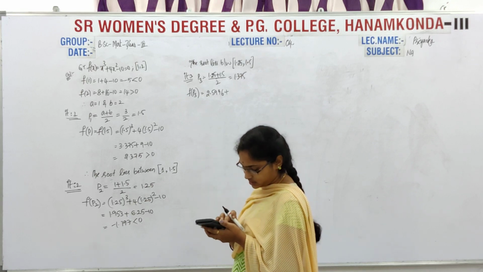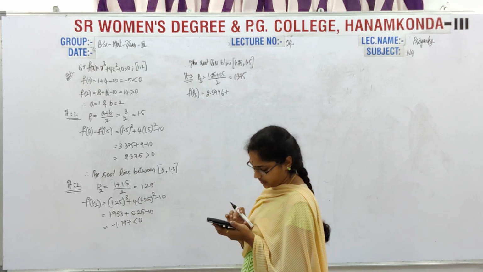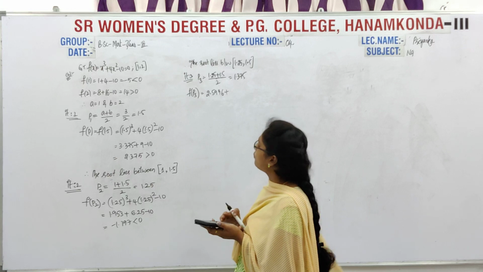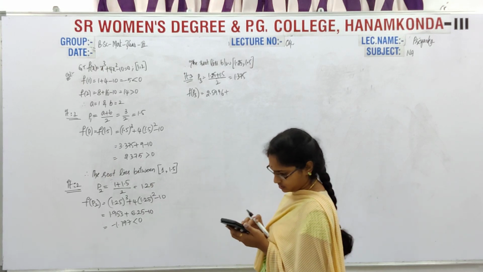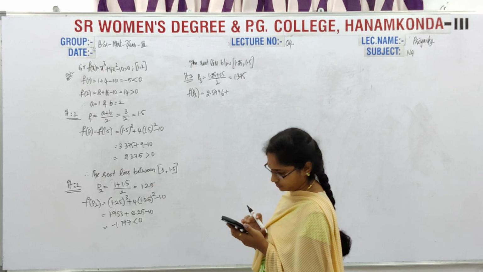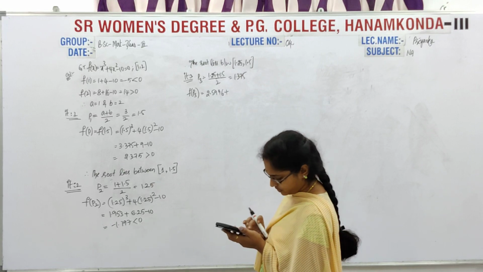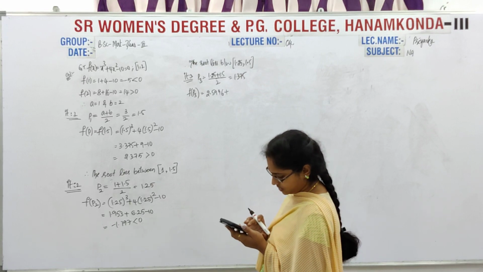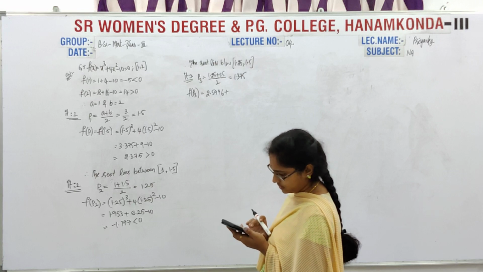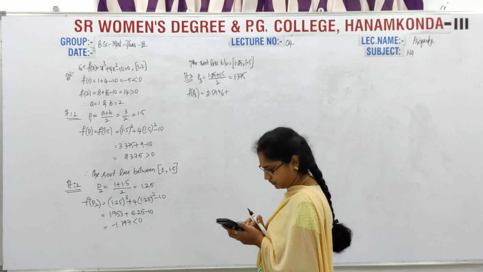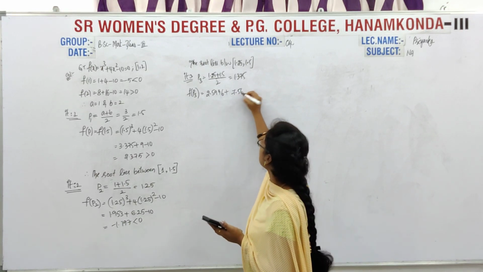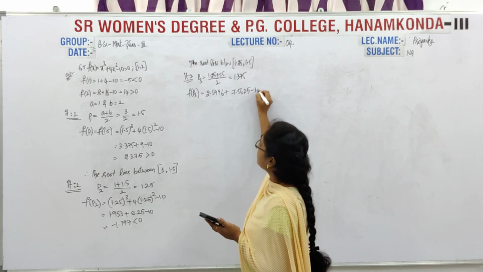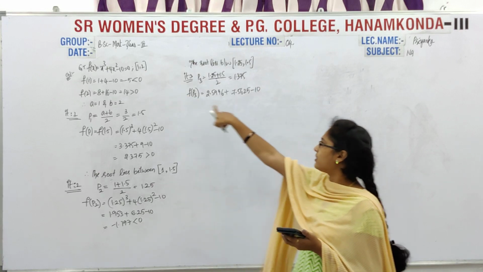So 1.375 whole square into 4, that is 7.5625 minus 10. Okay, just I am taking the functional value.